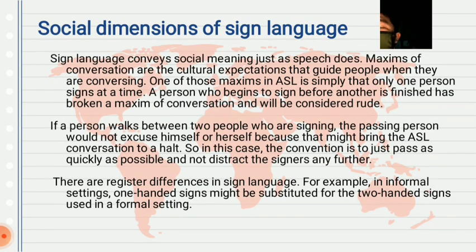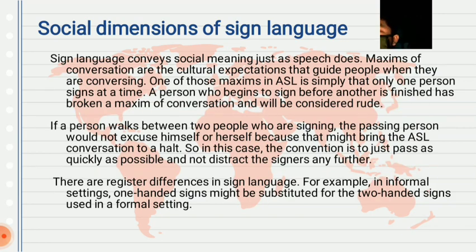Social dimensions of sign language. Sign language conveys social meaning just as speech does. Maxims of conversation are the cultural expectations that guide people when they are conversing. One of those maxims in ASL is simply that only one person signs at a time. A person who begins to sign before another is finished has broken a maxim of conversation and will be considered rude.